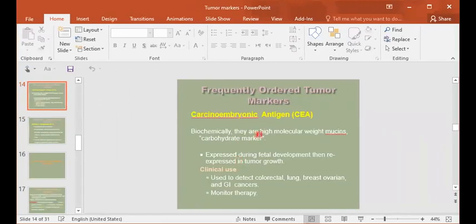Carcinoembryonic antigen is one of the frequently ordered tumor markers because it's elevated in many types of tumors, indicating colorectal cancer, lung cancer, breast, ovarian, GIT cancers in general. So can we say that carcinoembryonic antigen is specific? No. It's not specific because it originates from many cells.